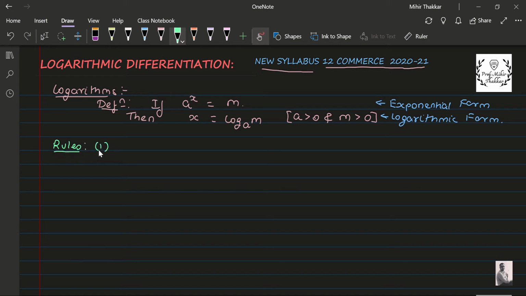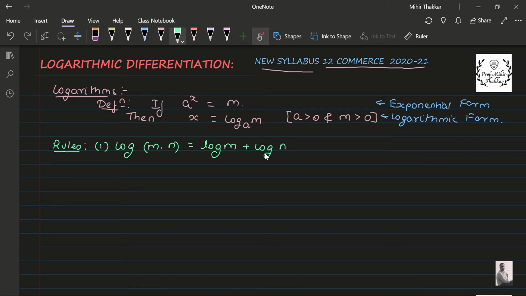Number one, log of m into n is equal to log of m plus log of n.